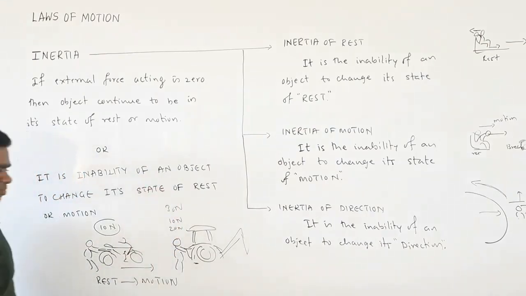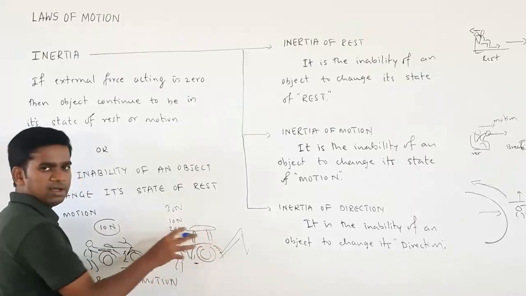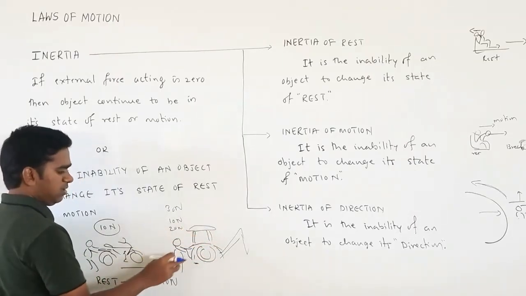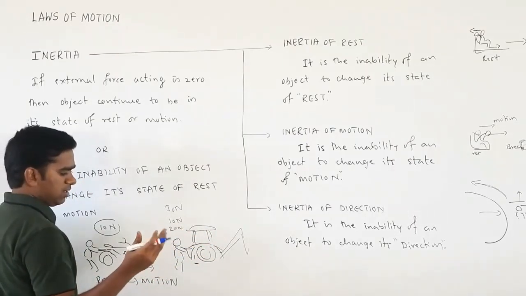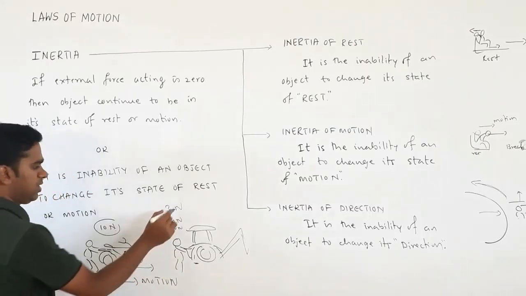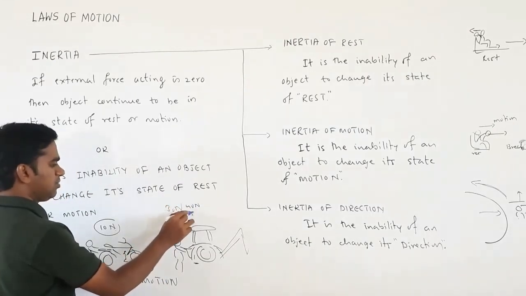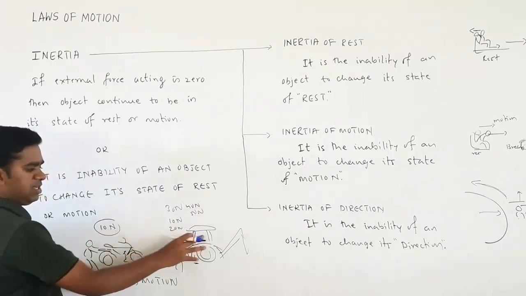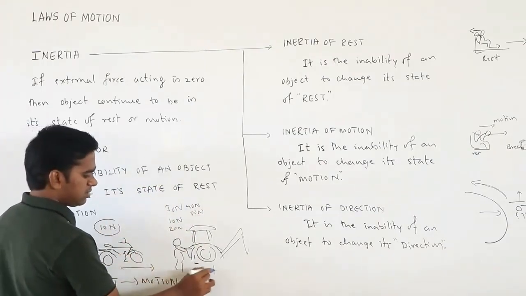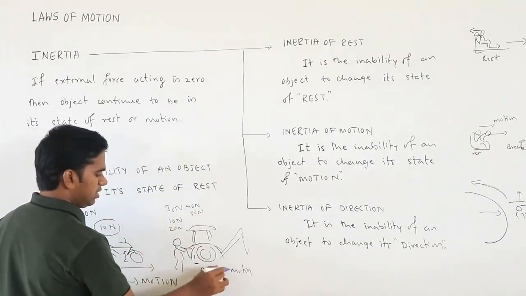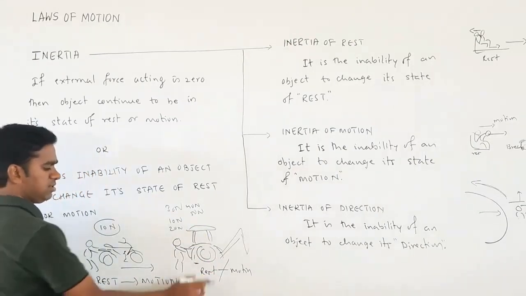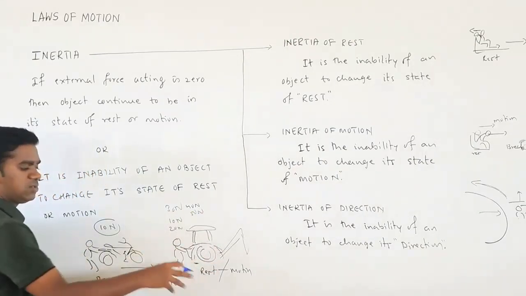What will happen? Will you be able to move this huge body by yourself alone? It is not possible. Even if you apply 40 Newton or 50 Newton, will you be able to change its state of rest to motion? It is not possible.